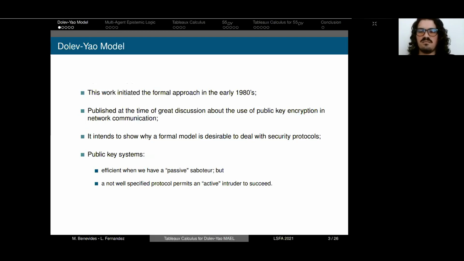Since we are talking about formal cryptography, we are considering a perfect encryption scheme, which means that they are trying to show us that an intruder, an eavesdropper in the network, only by the exchange of messages, by manipulating the logic behind the protocol, can be able to read a message that he was not supposed to get access.